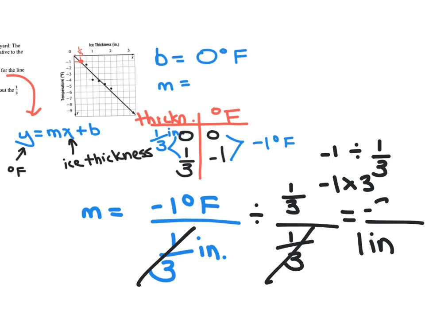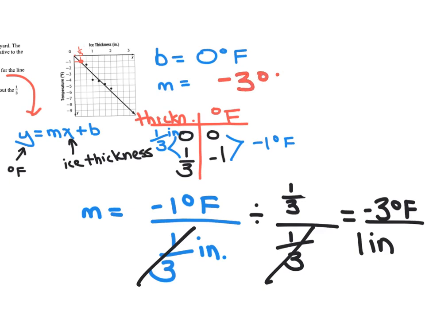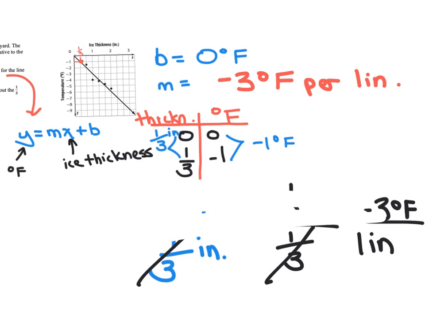So that leaves me with -3 degrees Fahrenheit. So my rate of change, my m, or in other words, my slope, is -3 degrees Fahrenheit per 1 inch of ice. So my temperature drops 3 degrees when I increase by 1 inch of ice.